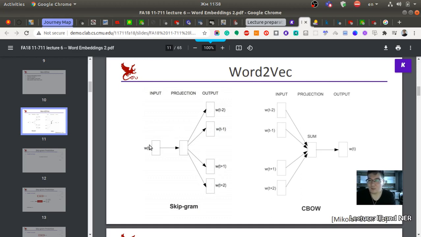So for this case we use word embedding. You enter the word and you find its representation. It's mostly dense because it has about 30 features.